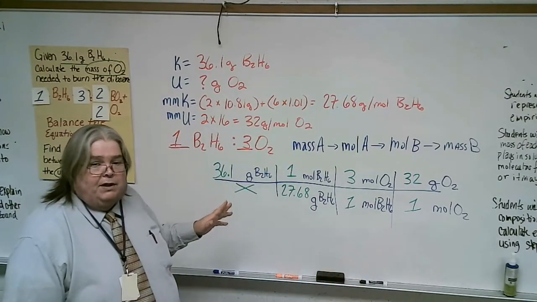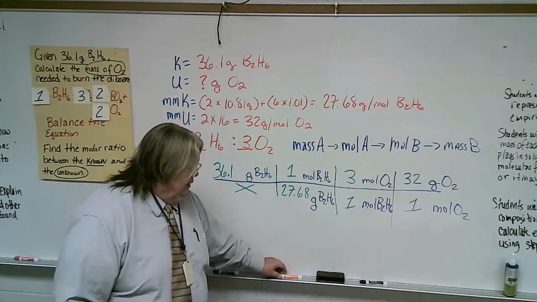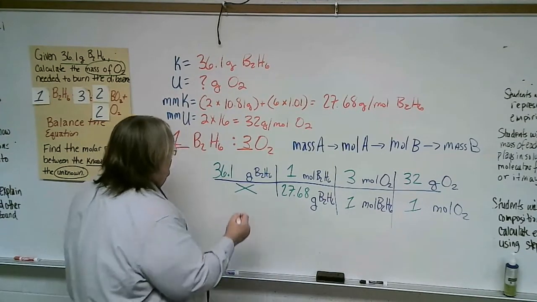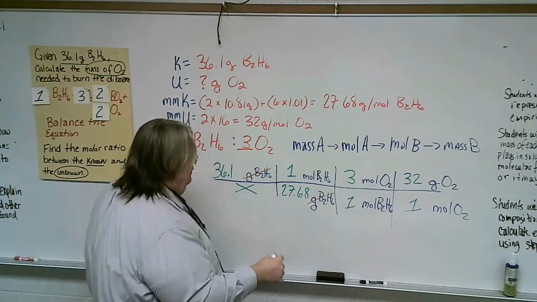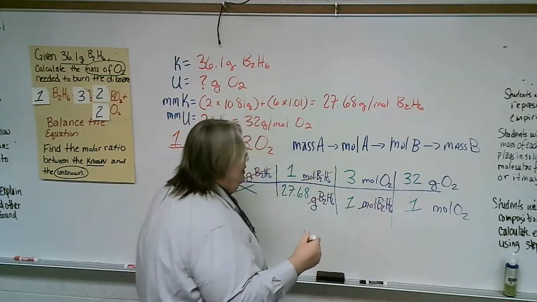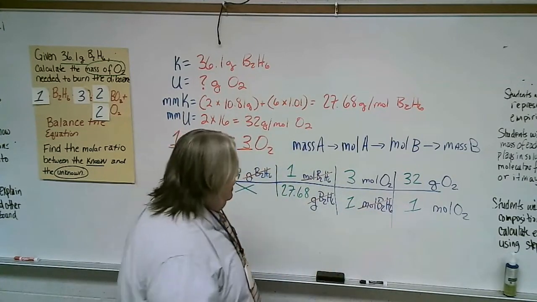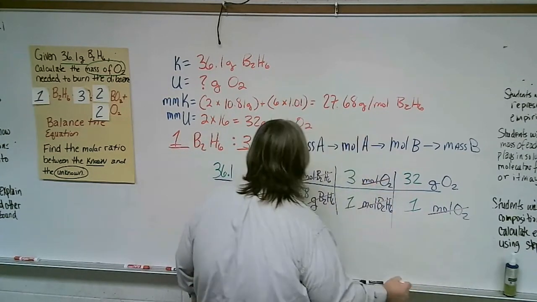So we've got everything plugged in. Let's get rid of things we don't need. We don't need these grams and these grams because they're the same, they divide out. We don't need these moles and these moles because they're the same, they divide out. We don't need this mole, we don't need this mole.